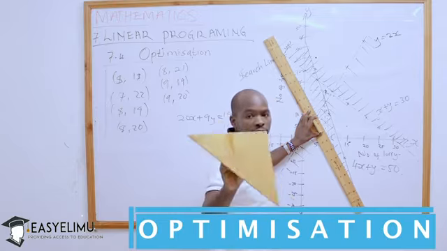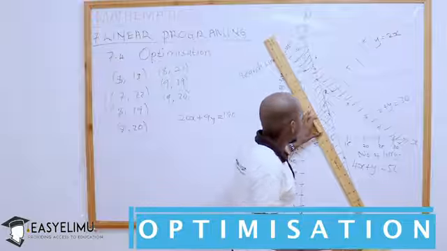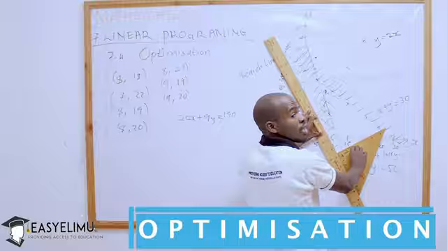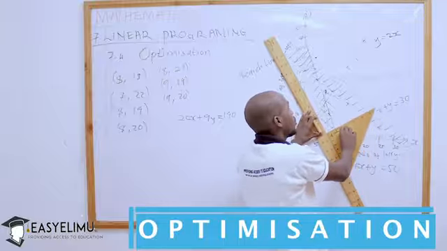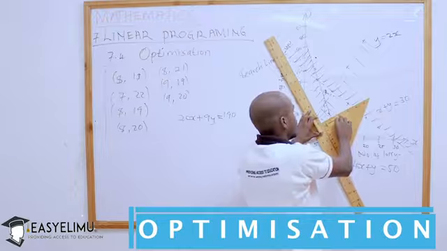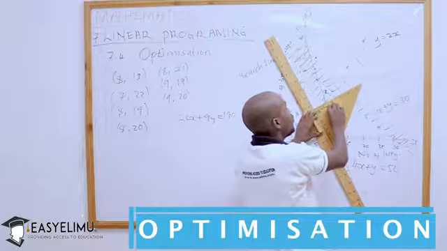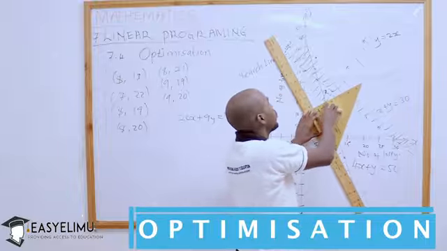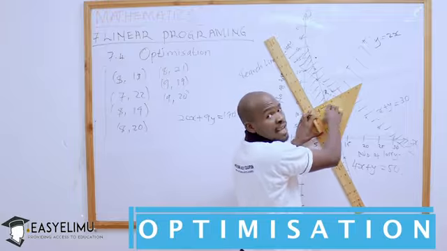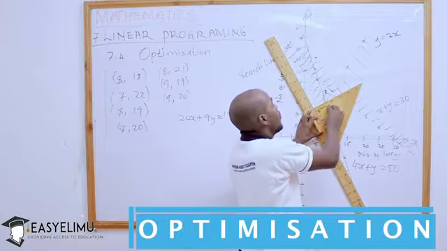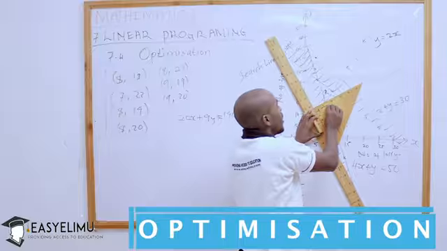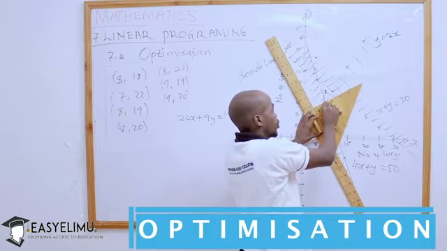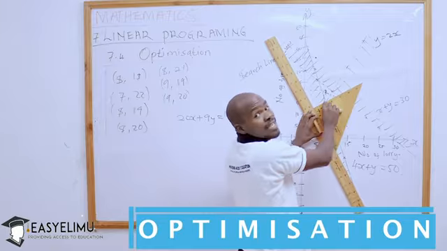Then using your set square, either this or the other one, slide it along that ruler in this direction as you move closer to the region which you require to maximize or minimize. So you slide until you find the minimum point, the feasible point which is closest to the ruler on that search line. For example, you will find that the point which is closer is the bottom here, which is much closer to the search line.